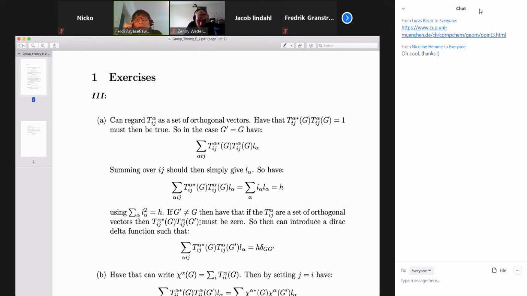I mean, what we know is that we have this set of vectors labeled by alpha ij, which are orthogonal. You can think of the G as kind of the basis vectors.